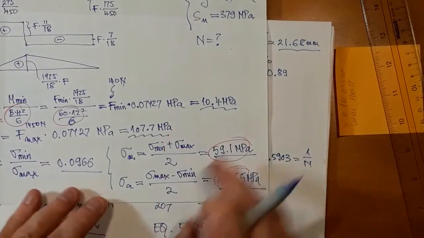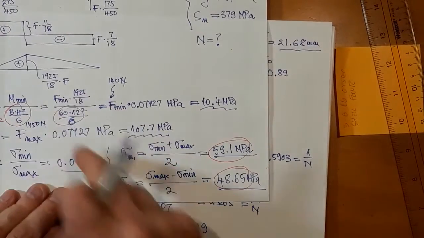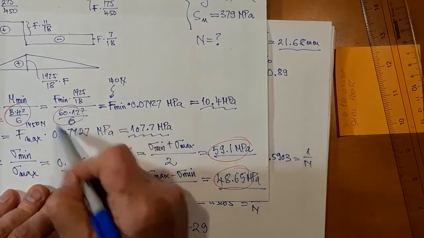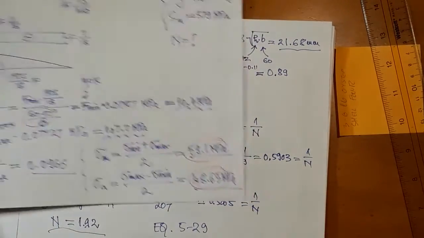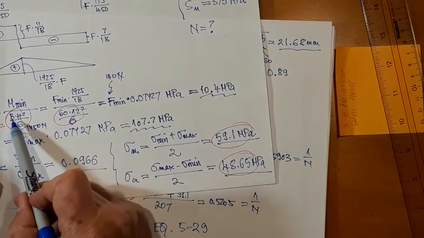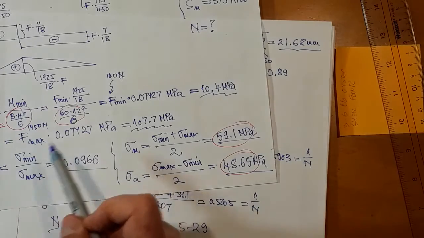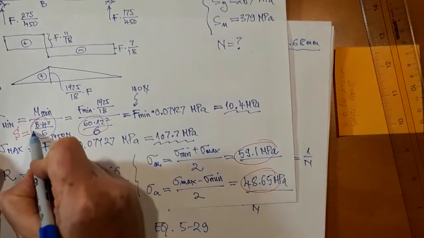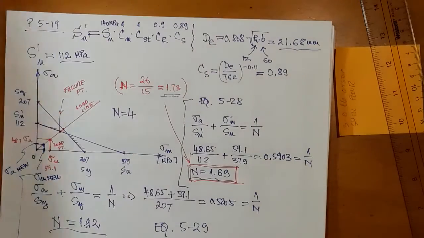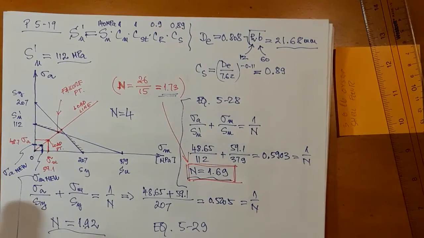Minimum and maximum stresses, force is the same, so you ultimately calculate what the desired section modulus is, and you have two variables to play with, B and H. You also want to minimize the volume of the material used to minimize cost.